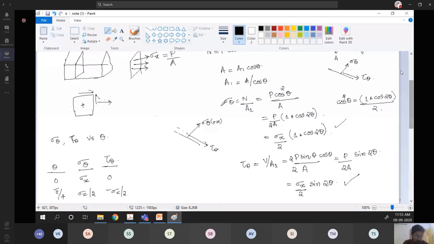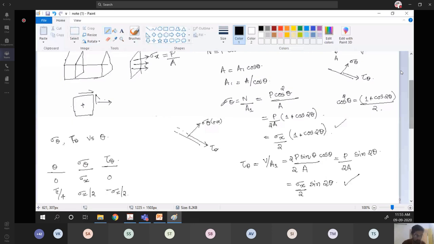I am considering this AB as one side of this plane, as one plane. This is the outward normal vector. This is along the positive x-axis, so this first criterion is okay.